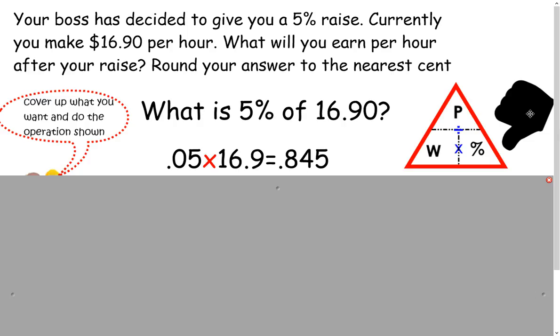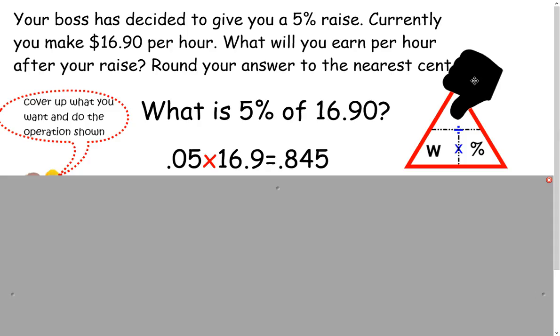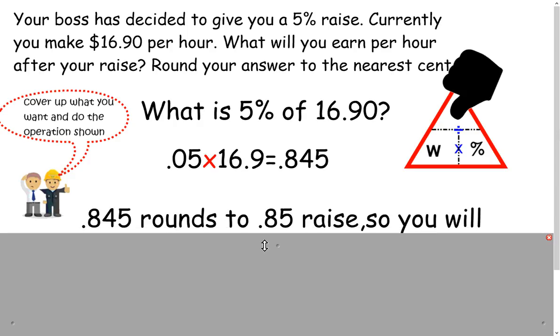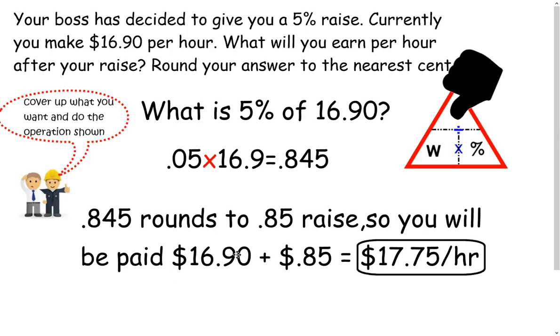What is 5% of $16.90? That's a part. So we're multiplying them together. And we get 0.845 or an 85-cent raise. So you're not going to get paid 85 cents. That would really stink. You're getting $16.90 plus your 85-cent raise, and that's $17.75 an hour.